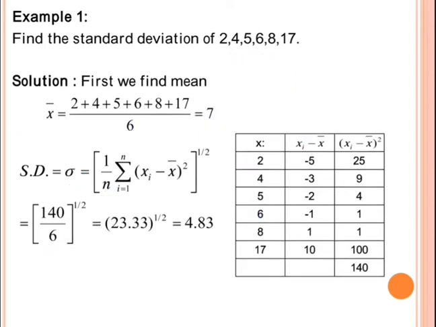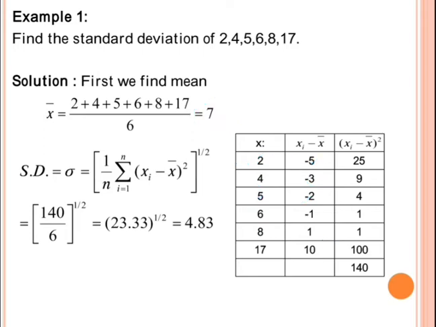We will subtract x bar from all the observations. Like first is 2, 2 minus 7 that is minus 5, 4 minus 7 that is minus 3, 5 minus 7 that is minus 2, and so on we will do for all the observations.